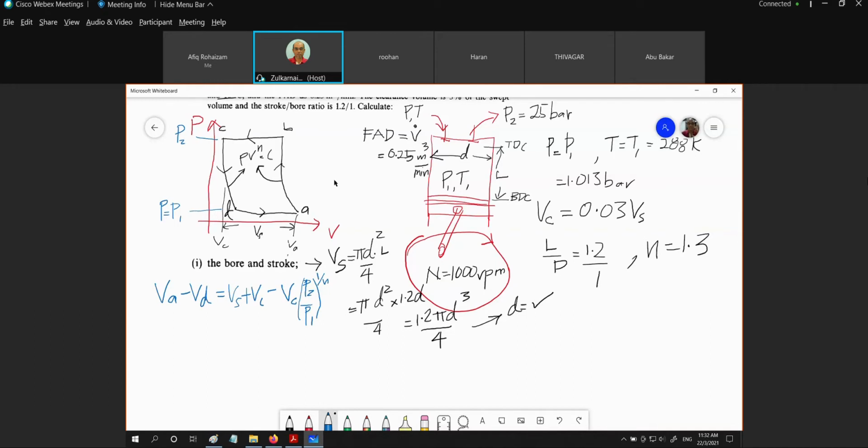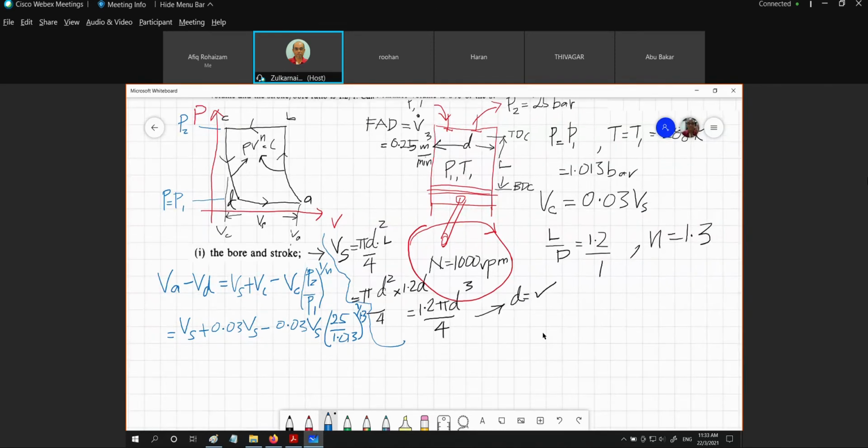Then this is equal to Vs plus 0.03 Vs, and for our Vc right here, minus 0.03 Vs multiplied by P2, in this case 25, over P1, which is 1.013, to the power of 1 over 1.3. Okay, so that is our equation.